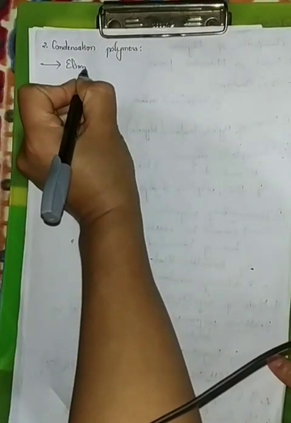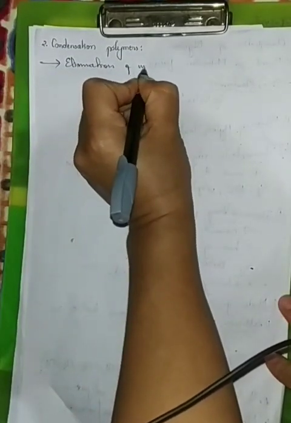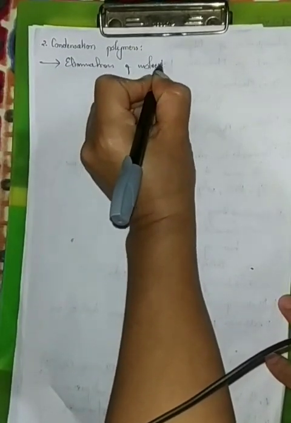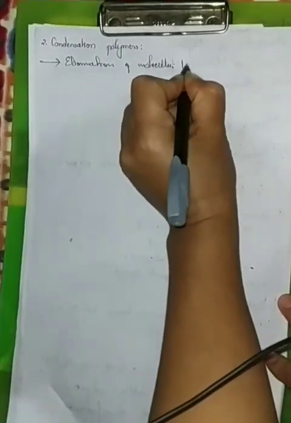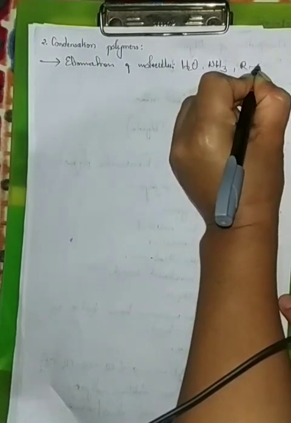Now, the second type of polymers under the classification based on the mode of synthesis is condensation polymers. Now, in condensation polymers, there is elimination or removal of molecules, such as water, ammonia, alcohols.